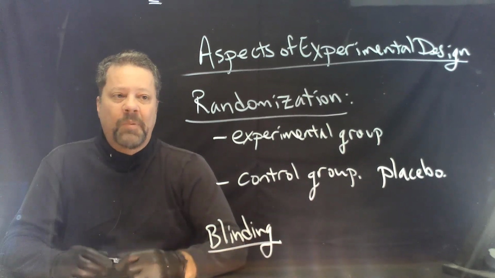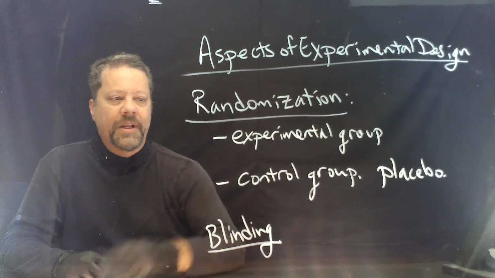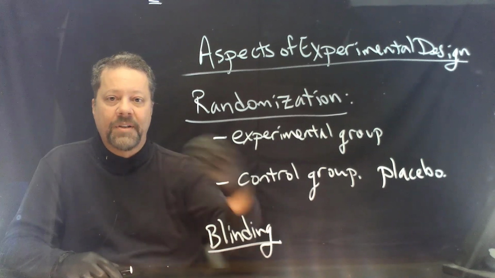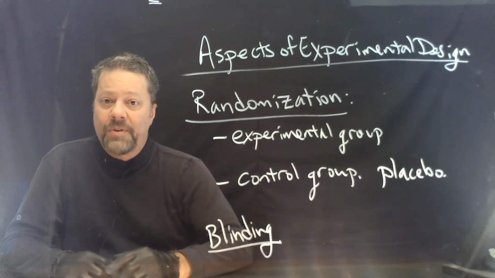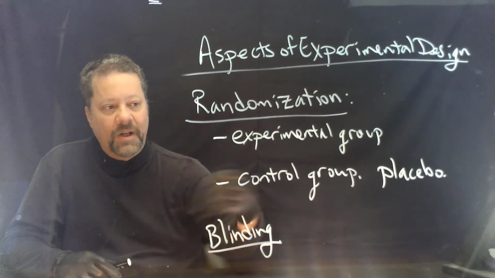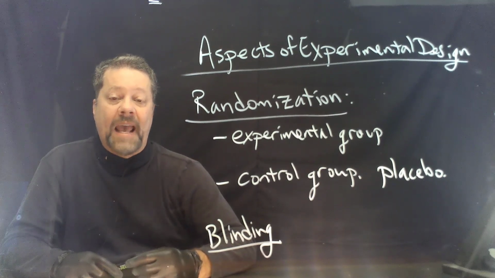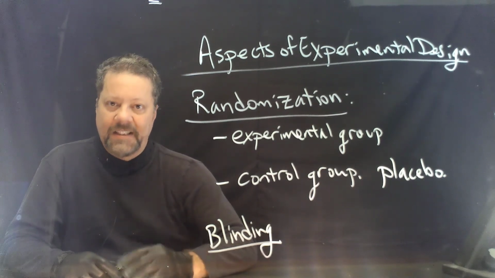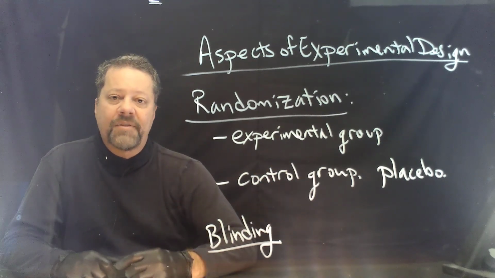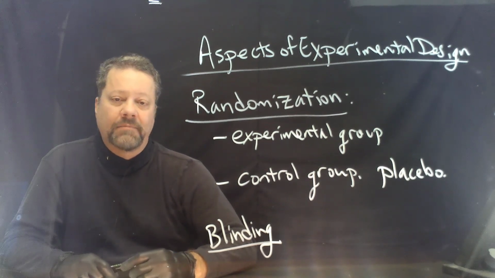In a double-blind process, the person giving the treatment to each person, whether they're in the experimental group or the control group, doesn't know what group those individuals are in. He or she doesn't know what drug or placebo is being given to the individual. And the people receiving the treatment or the placebo don't know which they are being given.